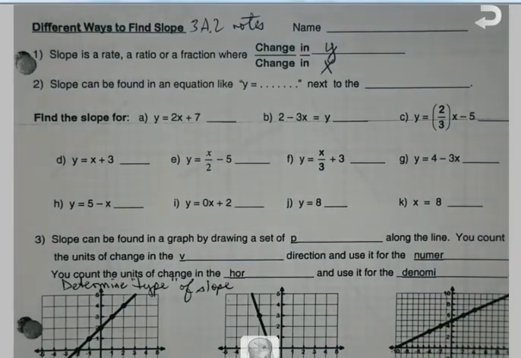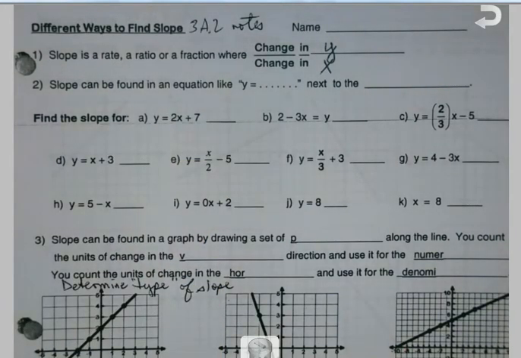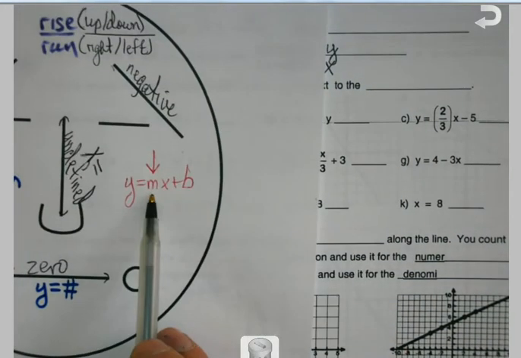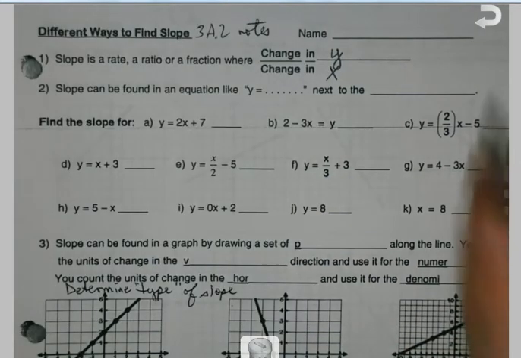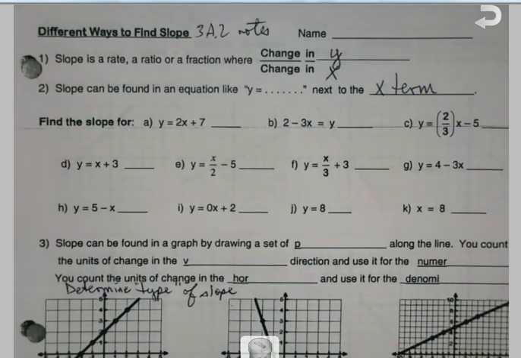Perfect. So what we're going to do is we are going to be talking about how do I find slope, and there's lots of ways to do it. So we're going to talk about some of them today. So whenever we get an equation like the y equals equation, the one that we talked about when we were on his face, that's always going to be the number that's next to the x term.